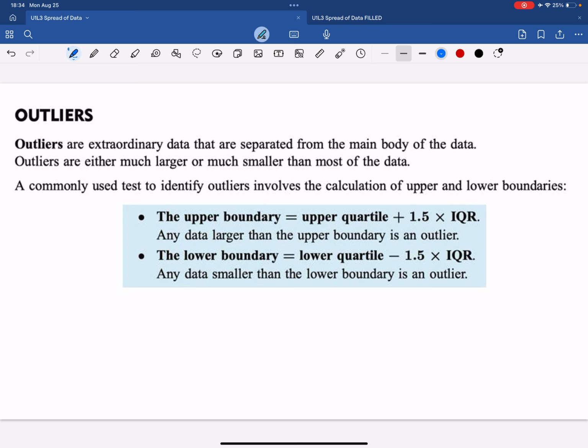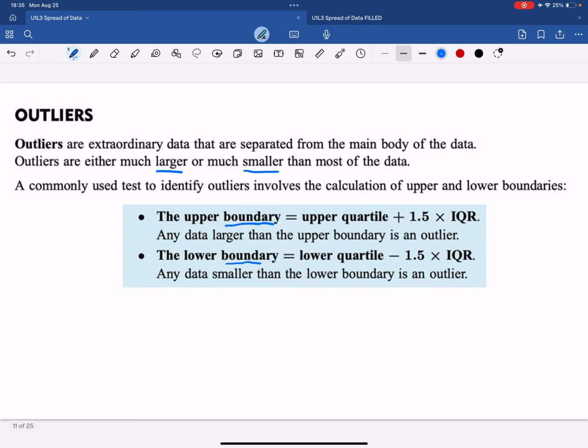So here is the way we test for outliers. Outliers are basically very large or very small compared to most of the data. We have two boundaries.